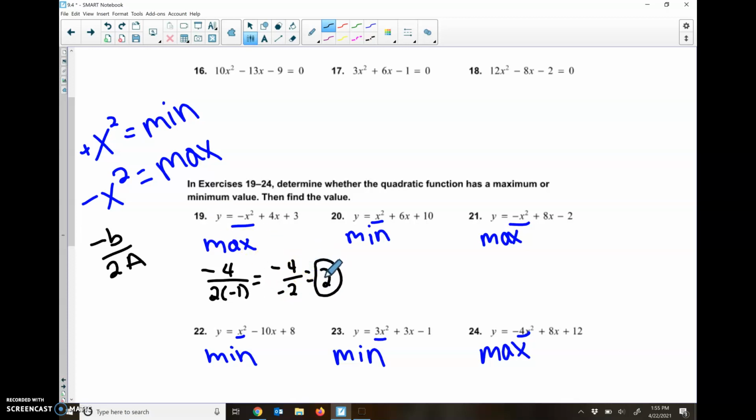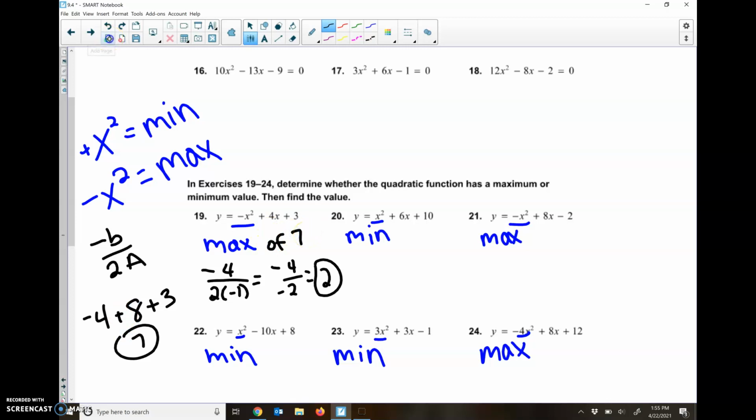Now if I plug that in here, I have 2 squared, which is 4, so negative 4, plus 4 times 2, which is 8, plus 3. So negative 4 plus 8 plus 3 gives us 7. So that's going to be our answer. We're going to have a maximum of 7.